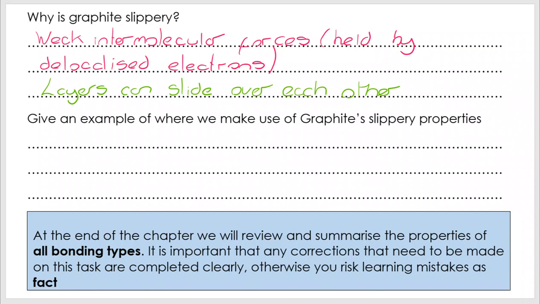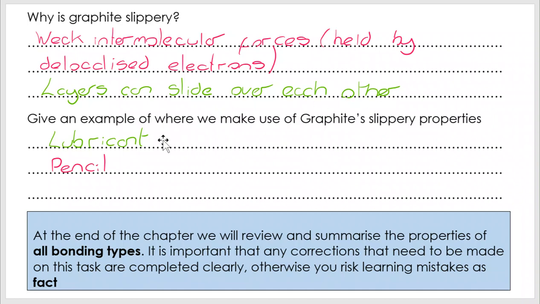They can easily break away from each other. And where might we see that? Well, the prime example, we talk about lead in a pencil, whereas actually it's graphite within a pencil. And when you rub your pencil across a piece of paper, layers are left behind because they can be broken off so easily.